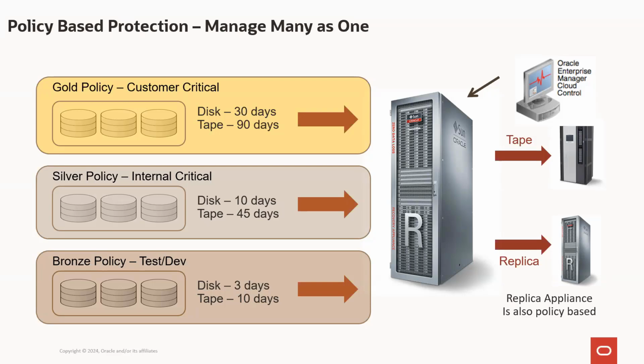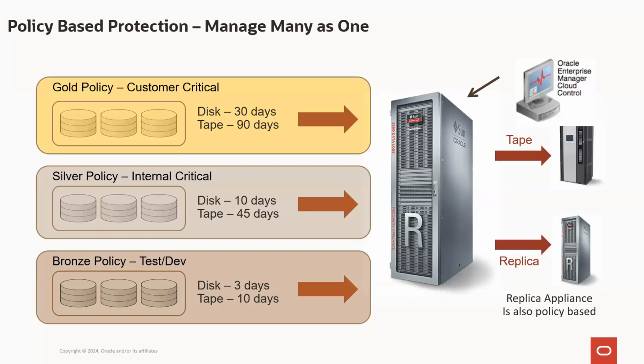The other part that can be a characteristic of the policy is immutability too. So as soon as you add a database to be backed up to the recovery appliance, you add it to your gold policy or whatever it is that manages your critical databases. It immediately sets up the correct retention and the correct immutability for that database, and it's the same as all your other databases.